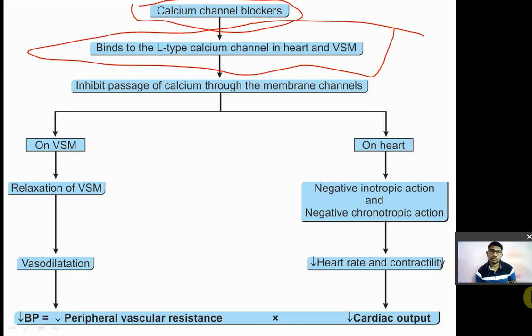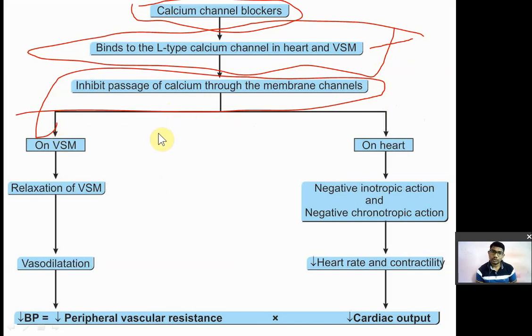So they bind to L-type calcium channels in the heart muscle and vascular smooth muscle; blood vessels also have smooth muscle. They inhibit the passage of calcium through these channels and prevent the depolarization.